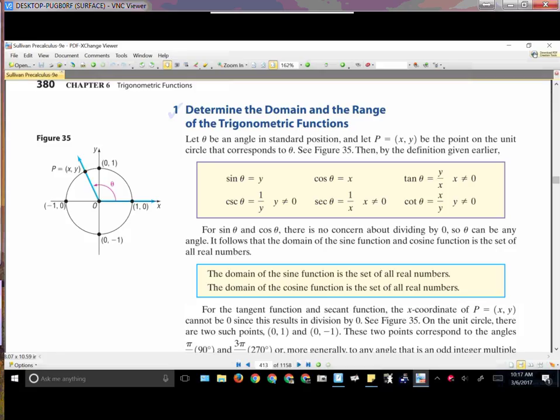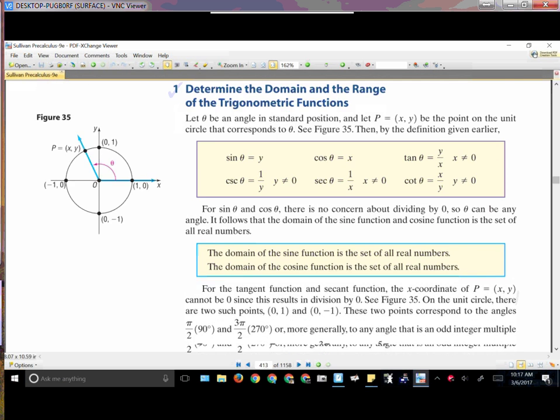Likewise for cosecant and secant. So we need to be aware that we are going to have points of discontinuity when we are dealing with these things. Okay? Just simply undefined. We don't know what we're going to get.